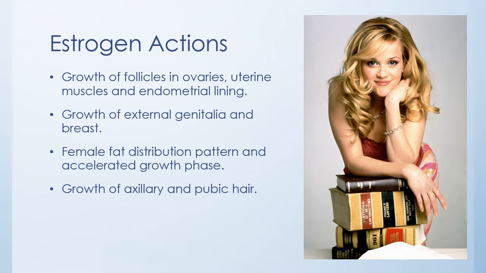For females, fat is distributed on average in the hip area and lower part, the bottom, hip and your back. So that's the female fat distribution. And also you have growth of axillary and pubic hair, so the pubic area and also the axillary area.